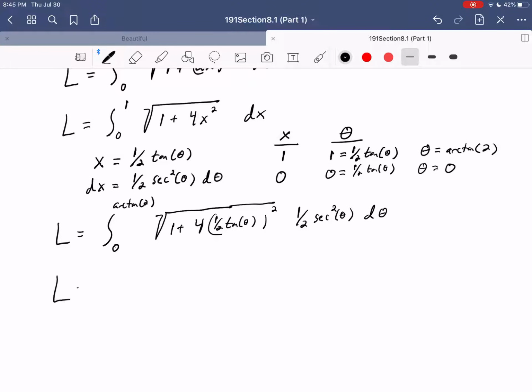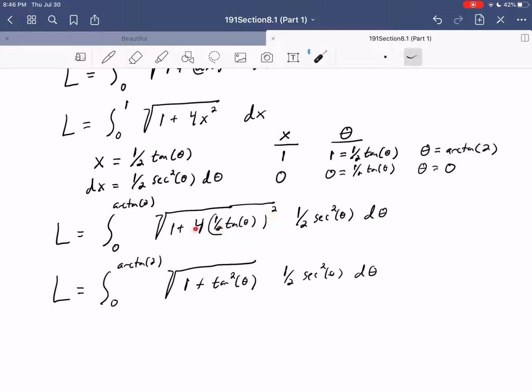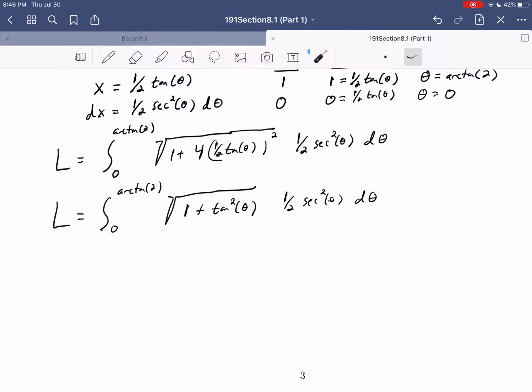All right, now we can go ahead and simplify. From 0 to arctan 2, looks like in here we will get 1 plus tangent squared theta. And out here we have 1/2 secant squared theta d theta. Again, that's just because 1/2 squared is going to be 1/4. That'll cancel out, and we have our tangent squared. Now, this is why we chose tangent. 1 plus tangent squared is secant squared.